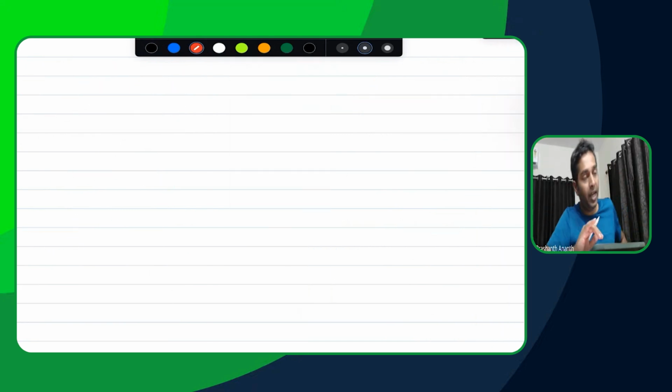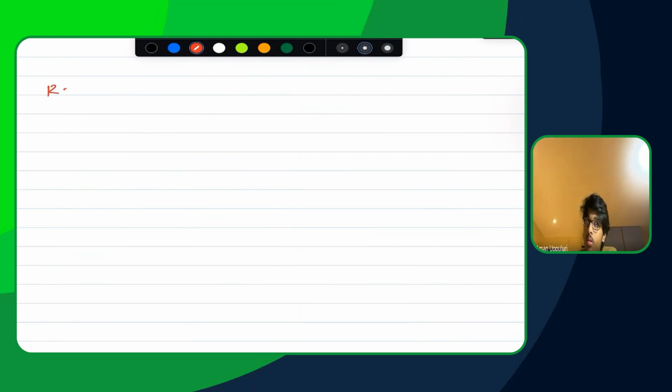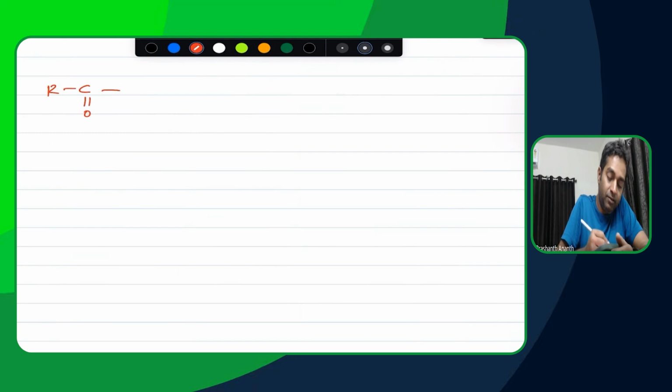See, when you have the C double bond O, what is happening in that double bond there? It is having a resonance. Yeah. When it has a resonance, what is the actual location where the delta plus is focused?